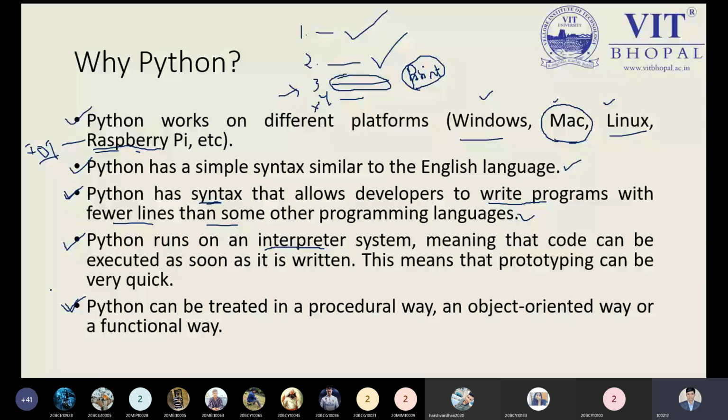Now I'm talking about the Raspberry Pi, as a student asked. Raspberry Pi is basically a small hardware on which we can connect devices to solve problems followed by IoT.